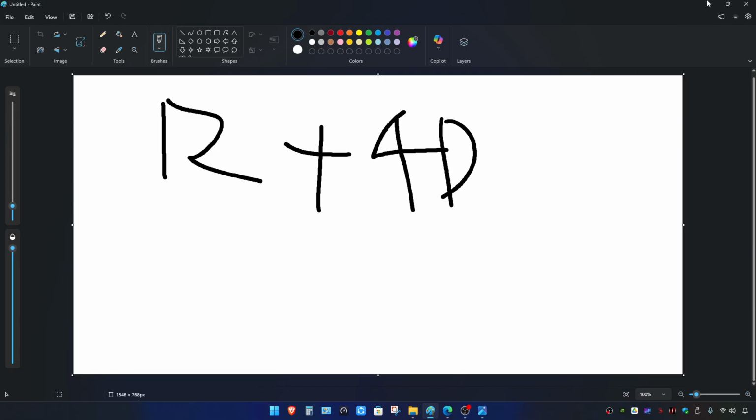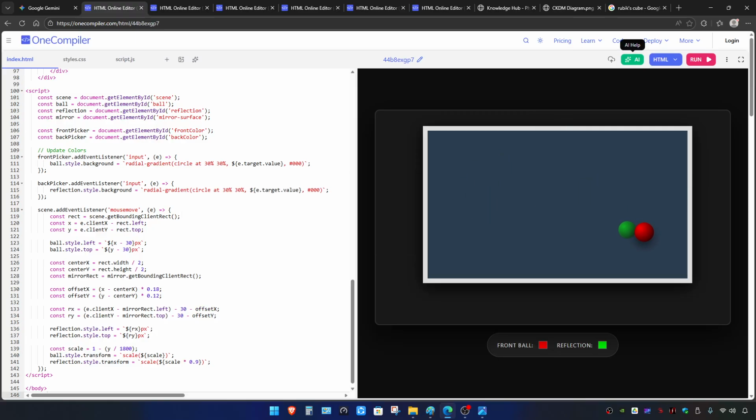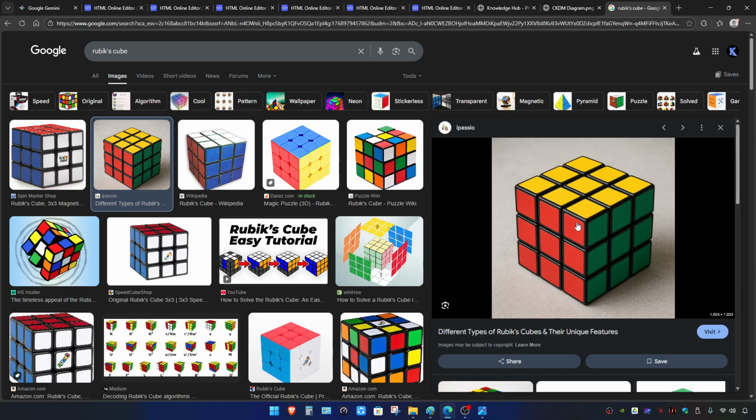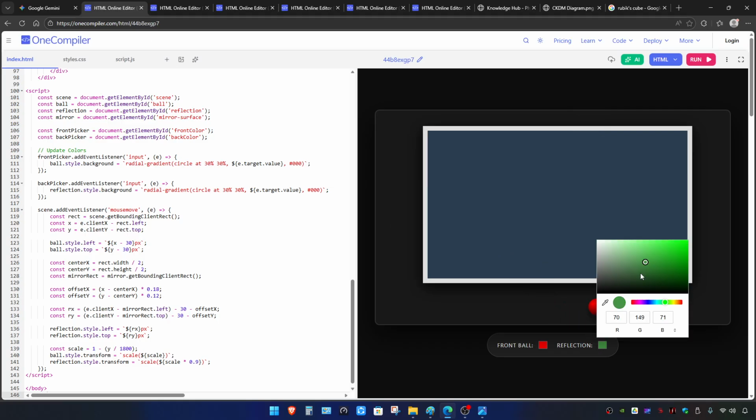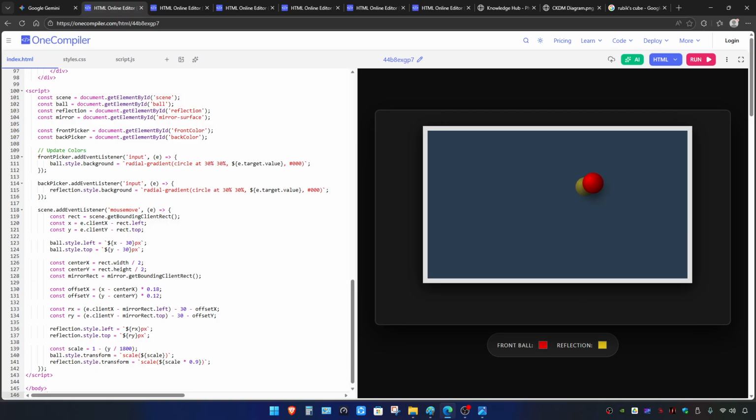This is why I am saying that a mirror is a very good idea, because the mirror will help us understand what the color behind the Rubik's cube is going to be. So if I change the color to something else, let's say somewhere between yellow, okay, now it is yellow. Now we are able to get the information from behind the object using the mirror. So this is point number one.